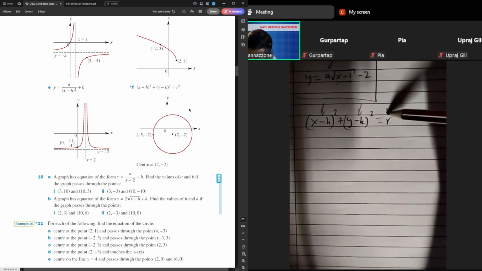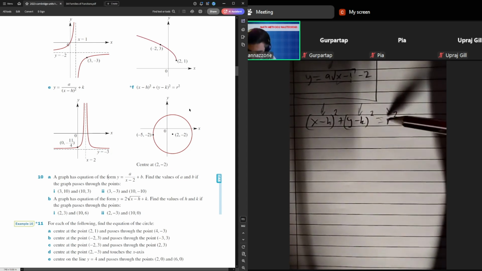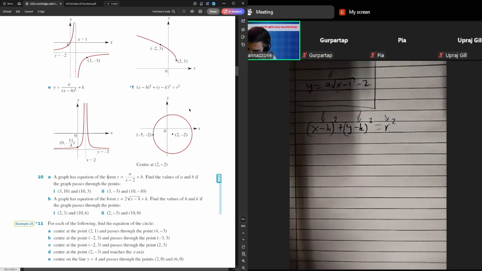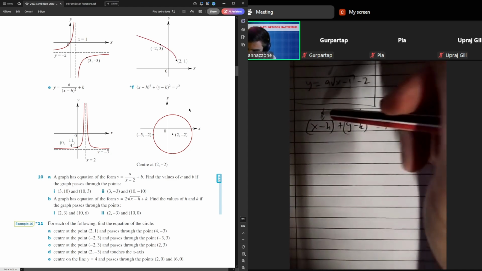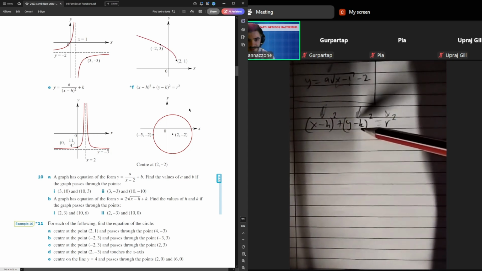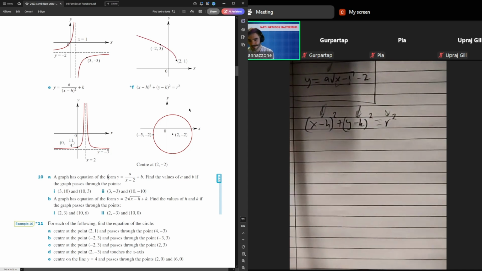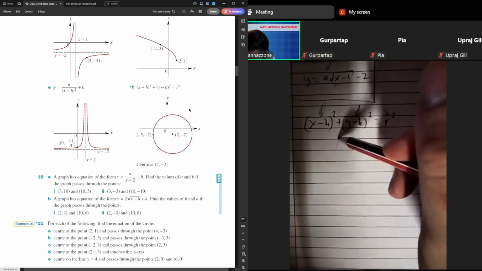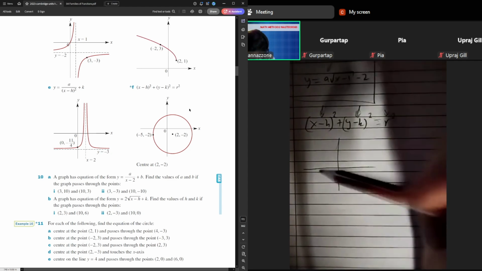And this is your radius right here, the r value specifically. Now, the thing that's a bit wacky about this is this vertical acts like this horizontal does, where if I do y minus 1, that is actually a shift up by 1 this time, and y plus 1 is a shift down this time.